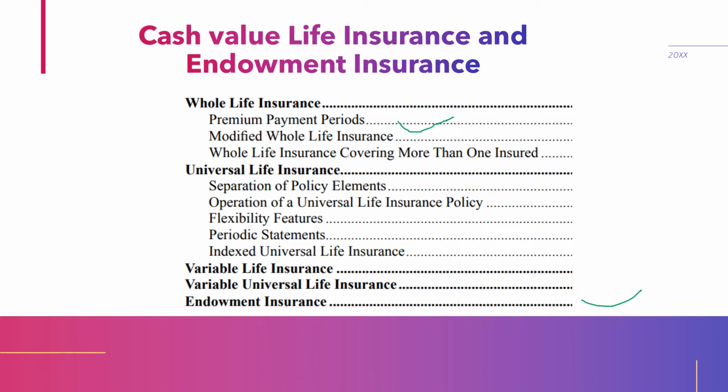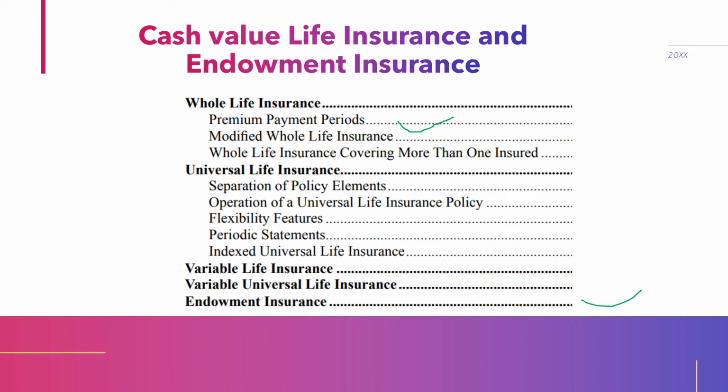Generally we have continuous premium payment period, limited, and the last one is single premium. Single premium is nothing but you pay a single amount of money in the beginning and enjoy the coverage throughout your life.